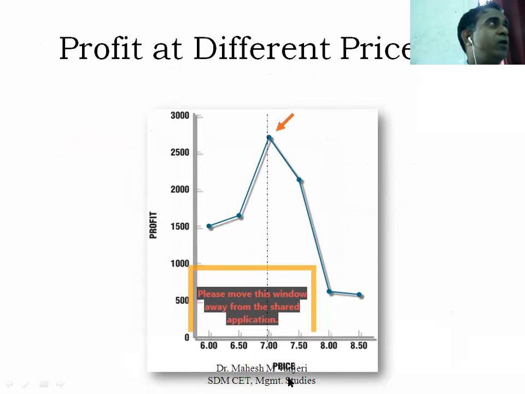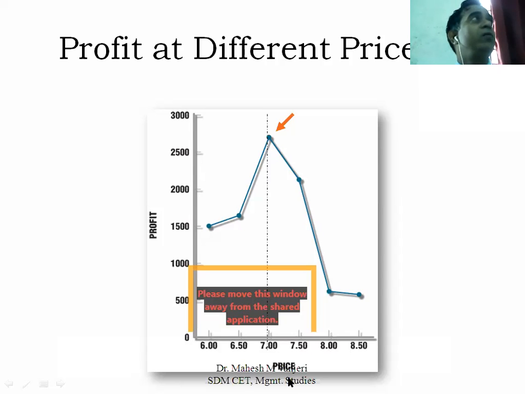At $6.5, the profit is slightly above $1,500, and the profit is highest at $7 per unit, more than $2,500. But beyond that point, what happens? At $7.5, $8 per unit price, profit goes on declining.